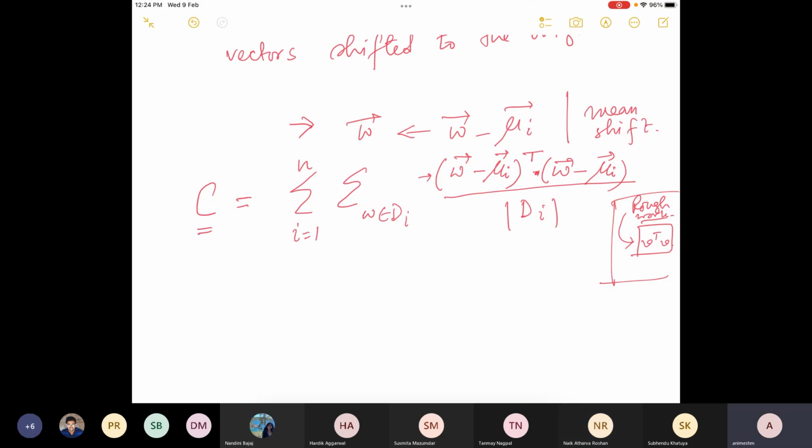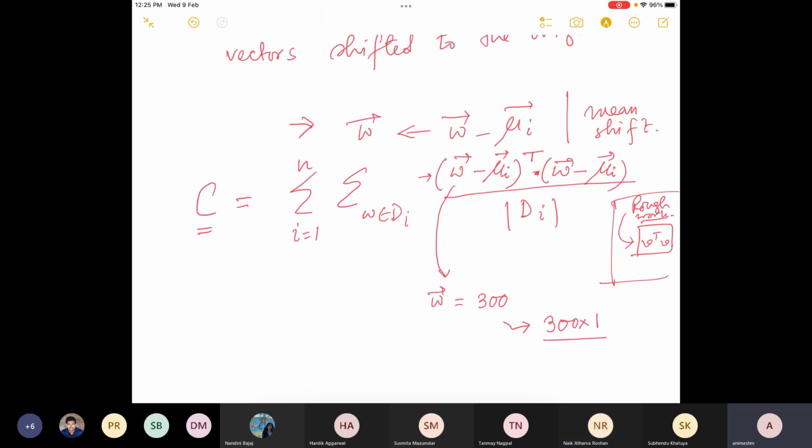Compute each of the terms. Let me give you some more hints. Recall that the W vector is a 300 dimensional vector. So go by first principles. Is it the covariance matrix? Very good. Yes. Why are you asking me?